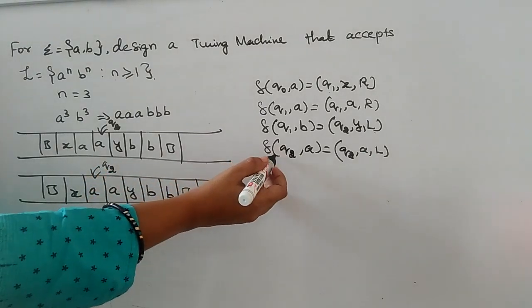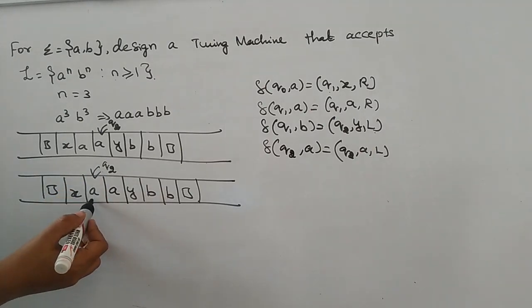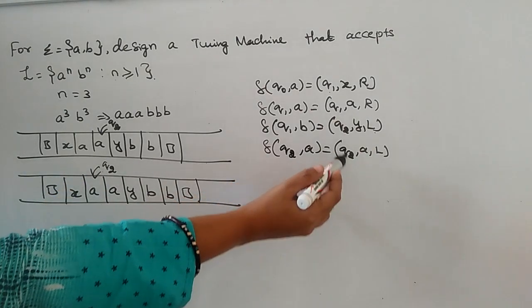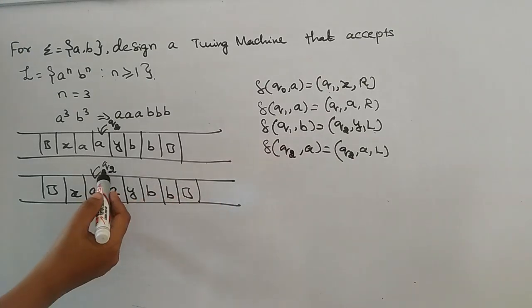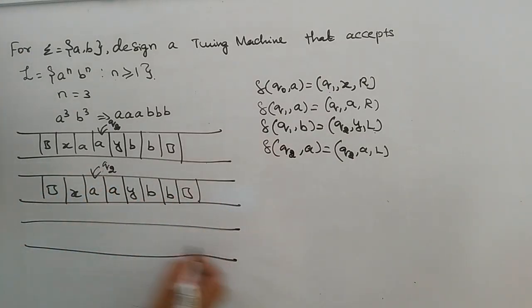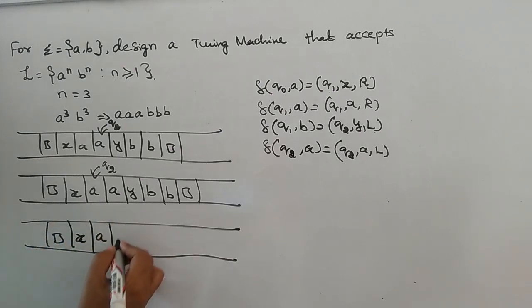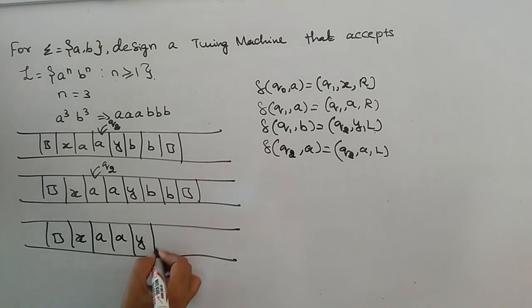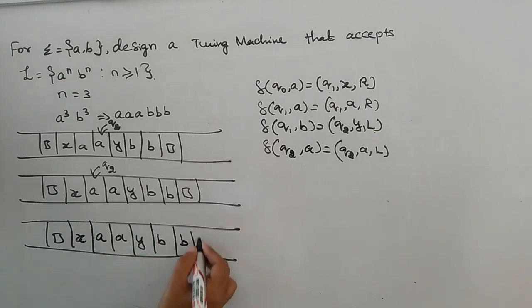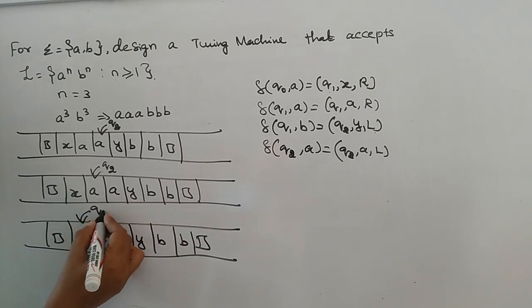And as per this transition, if the machine is in the state Q2 and it is pointing to the symbol A, we are just moving the read write head towards left. That's why again the read write head is moved towards left. It means we will have the pointer here.